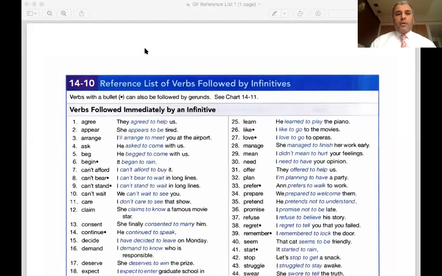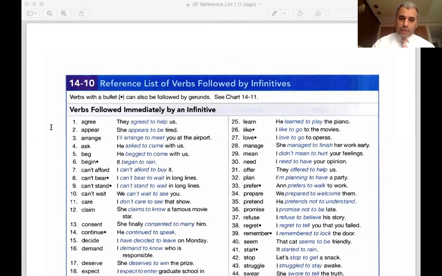Okay, this is the first one. Now you see here, this is the first list, where you have examples of expressions or verbs followed by gerunds. So this is a long list for you.